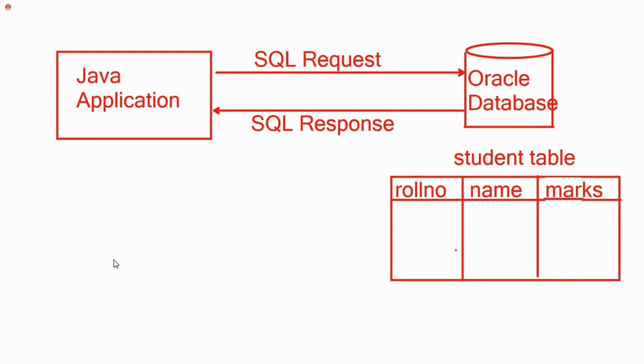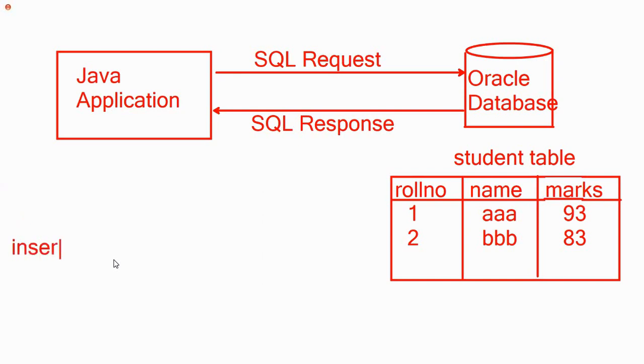Okay. Now, suppose already roll number 1, name of the student, marks of the student. These two records already present. Now, I'm writing one dynamic query.